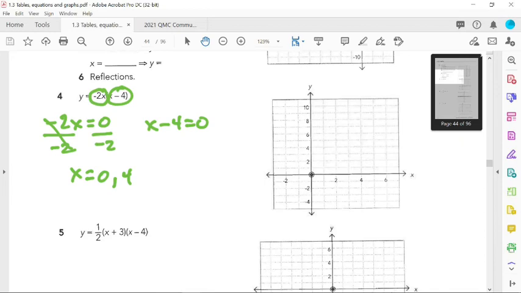Now, you show as much or as little work as you need to. If you want to show solving those quadratic equations every time, that's no problem at all. Okay? All right, so let's graph those. So we have 0 and we have 4, right? Now, these are our x-intercepts.